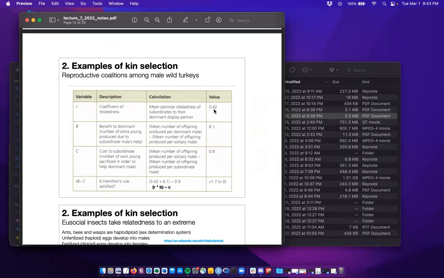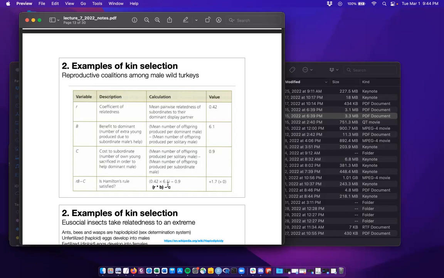And then they would calculate the different kinds of fitness benefits of the dominant, like what was the average number of offspring that a dominant male would get, and what was the average number of offspring that a male with no coalition partner would get, and so on.